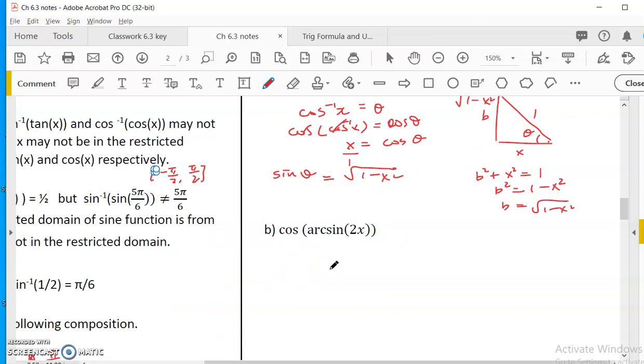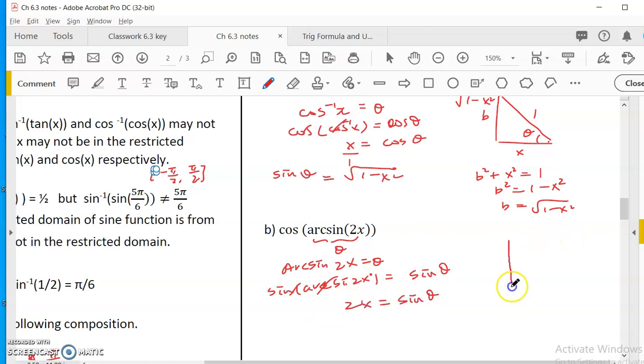Last one: cosine of arcsine 2x. Arcsine gives an angle, so let arcsine 2x equal theta. If I take sine of both sides, the sine and arcsine cancel, so 2x is equal to sine theta. I still draw a right triangle. Sine of theta equals 2x, opposite over hypotenuse, 2x over 1.